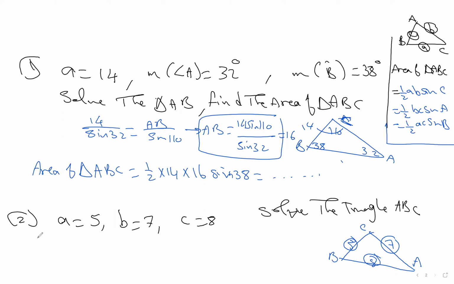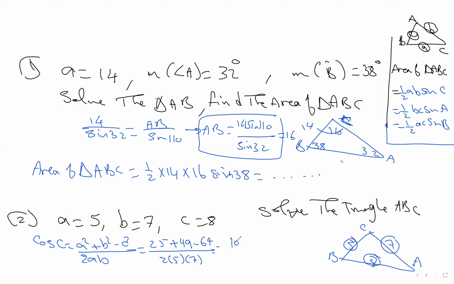We can find cosine C, for example, equals A squared plus B squared minus C squared over 2AB, and substitute by the sides given. A squared is 25 plus B squared is 49 minus 64, divided by 2 times 5 times 7.